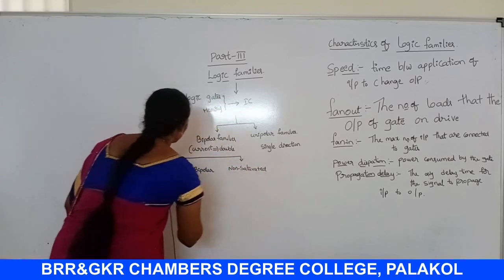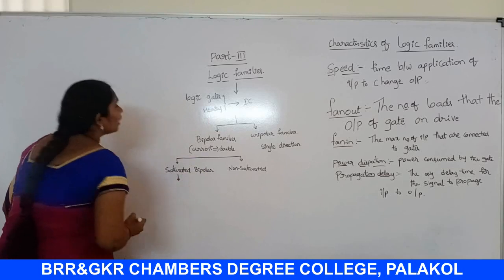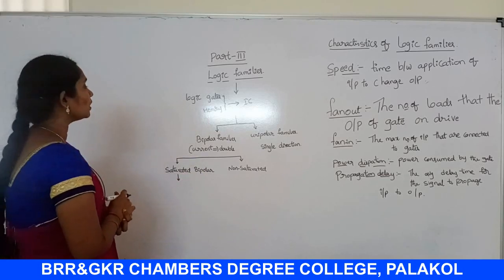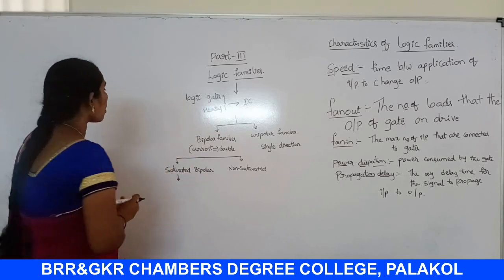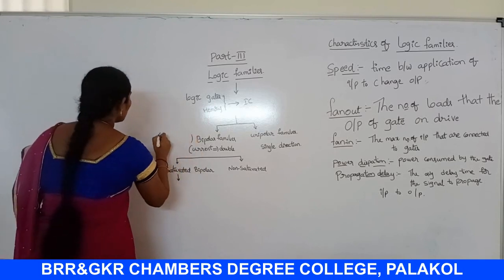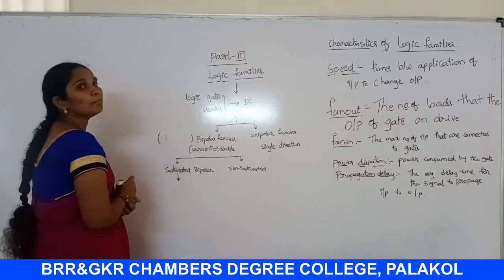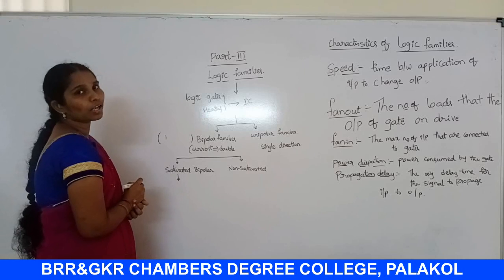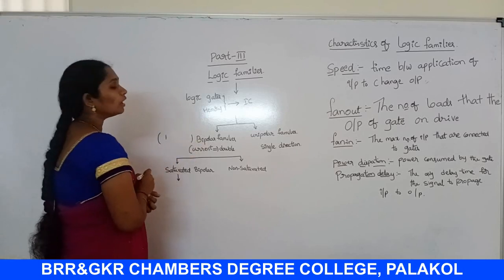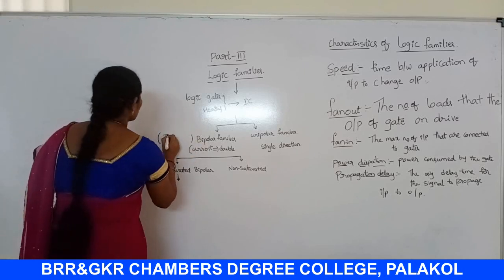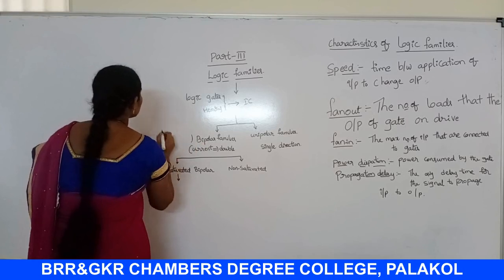Okay, so in bipolar families the major building blocks are the transistors. That is, bipolar junction transistors are the major building blocks in the bipolar families. So that is the BJTs.